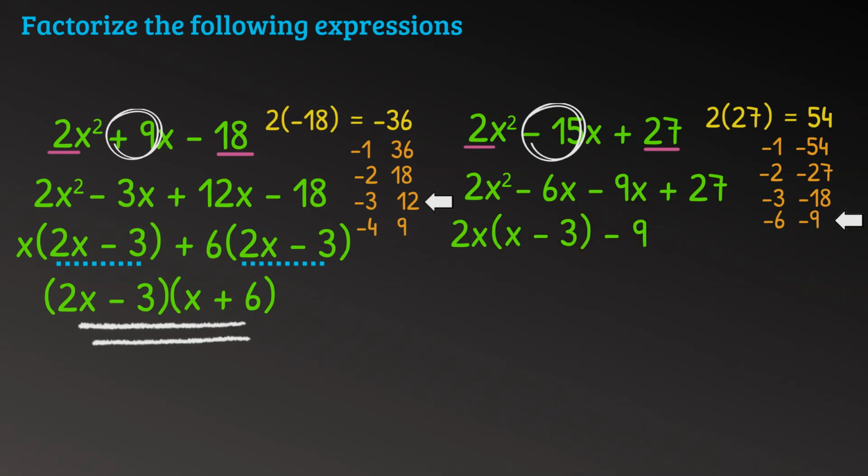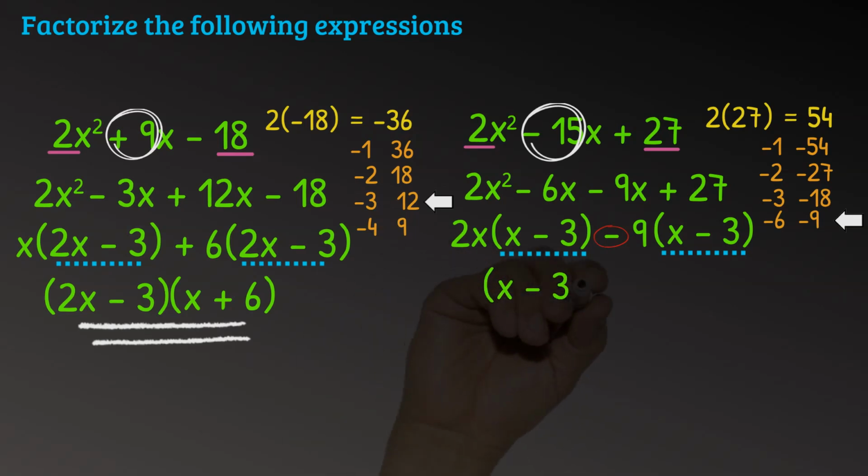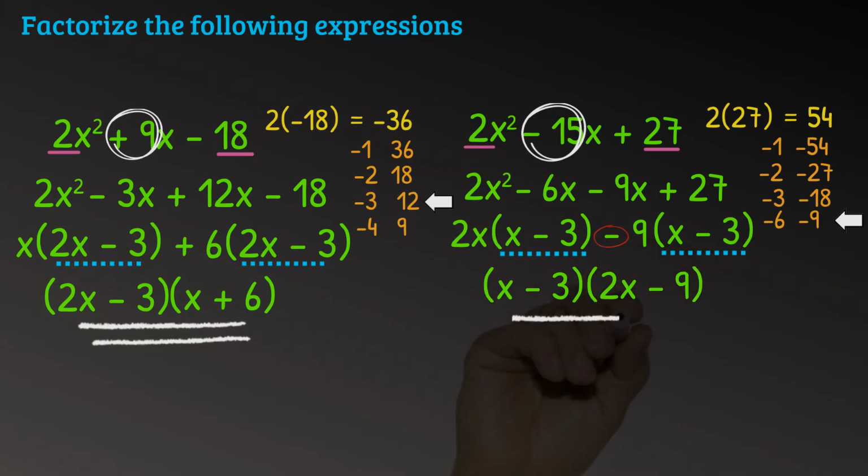And to get minus 9x plus 27, we need to multiply that by x minus 3, because we have a minus outside the bracket again. And because these two brackets x minus 3 are the same, we know that that is the first bracket of our solution. And as it's multiplied in the line above by 2x and by minus 9, our second bracket is 2x minus 9.